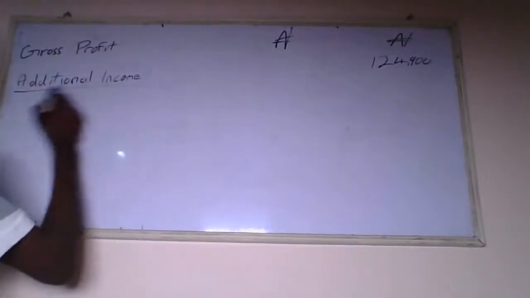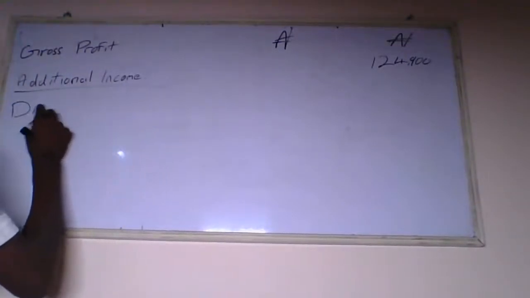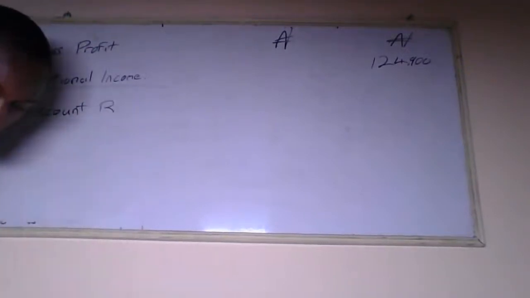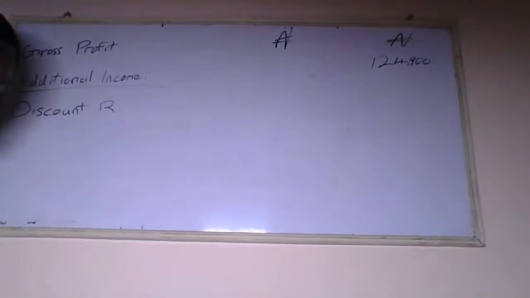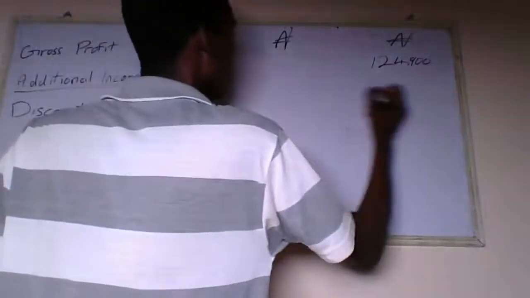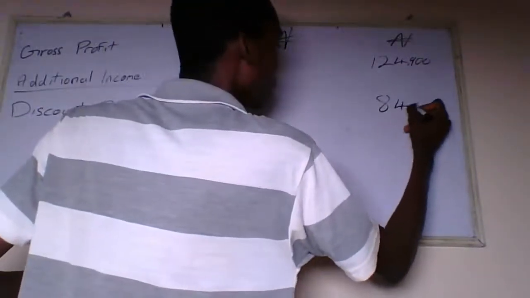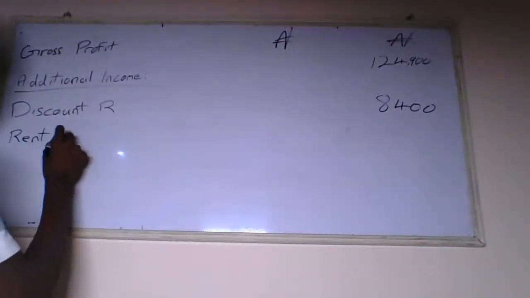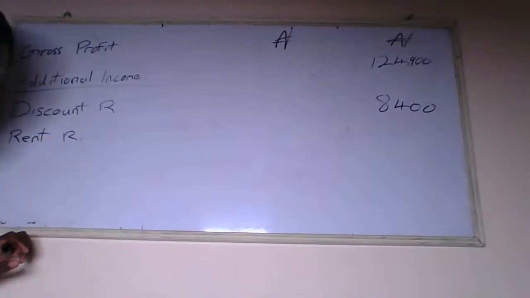Under additional income, the first one we have is discount received. Discount received, there's no changes there. Rent received.